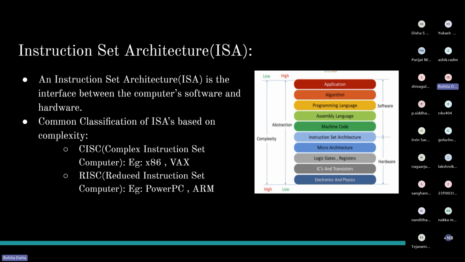They're a lot more complex in general, but they can also do a lot more than RISC instructions can. So yeah, that's the one we use in most of the laptops that you people use. They have x86, which is a complex instruction set.